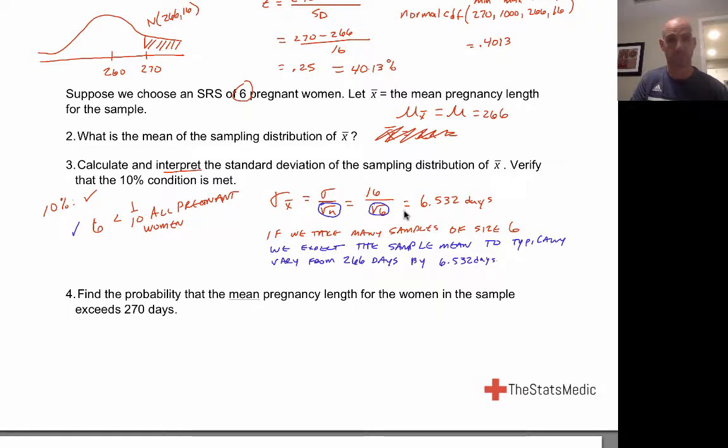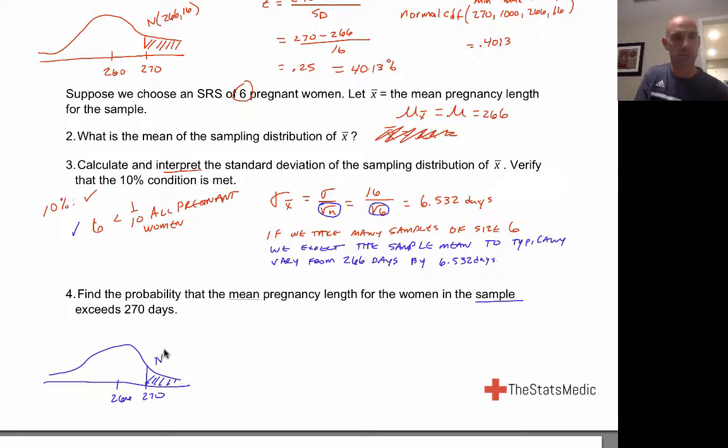Find the probability that the mean pregnancy length for the women in the sample exceeds 270 days. This is still under the umbrella of our 6 pregnant women example. So we're going to draw in our normal distribution. We are looking at this 266 here, and based on our problem parameters, we've got 270 days, so we want to know this part here.